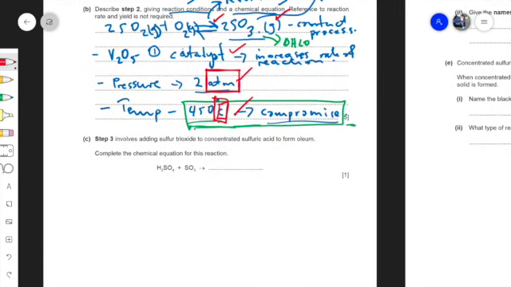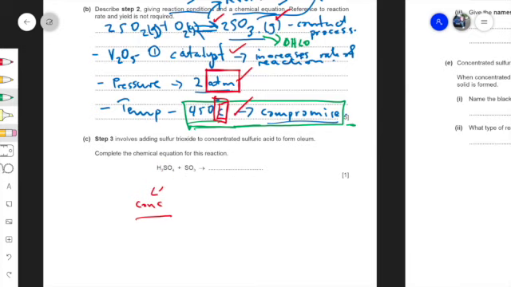So step number 3 involves adding sulfur trioxide to concentrated sulfuric acid. Remember that this sulfuric acid is actually concentrated, very important, right? It is concentrated to form oleum. The formula for oleum is easy to remember.